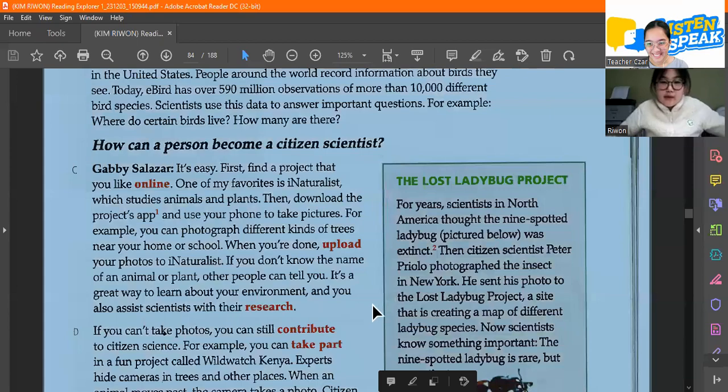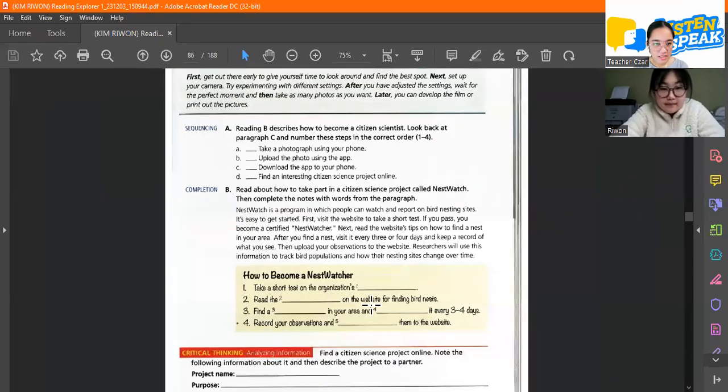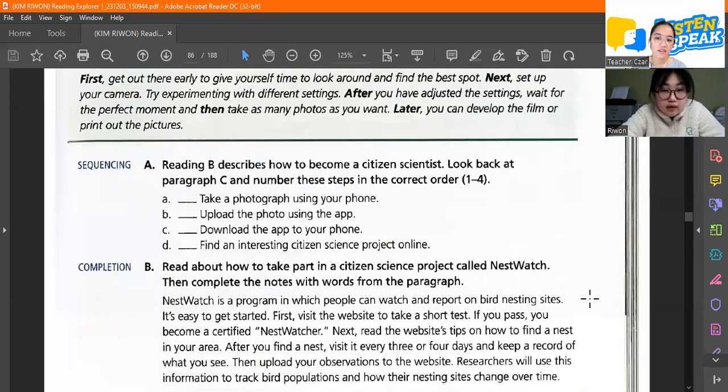Okay, I think I'm okay. Okay. So let's try to have the sequencing now. This one.